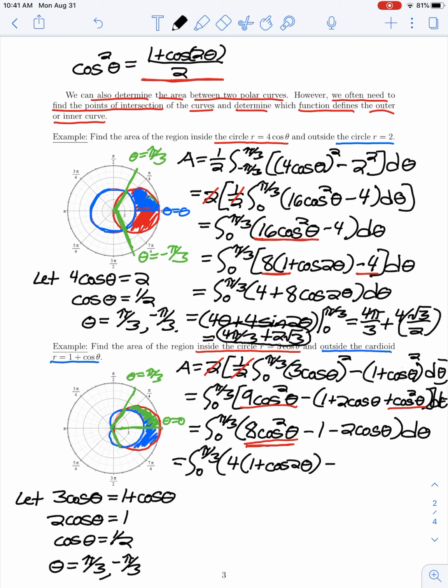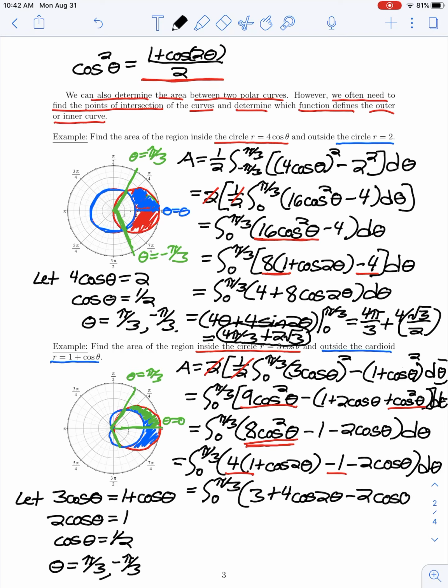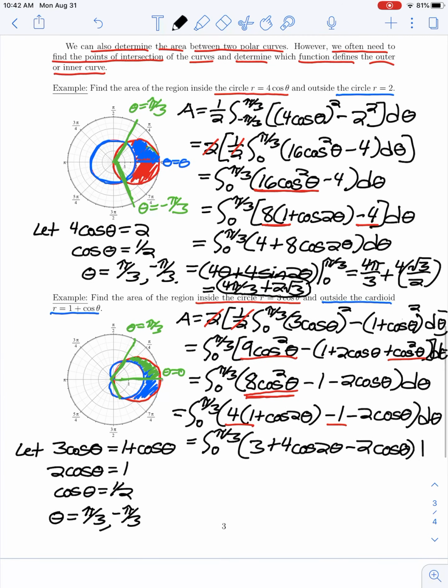And then I've got my minus 1 minus 2 cosine of theta. So simplifying just a bit more before we proceed, we have the integral from 0 to pi over 3. My constant term would be 4 minus 1, which leaves me with 3, plus I still have a 4 times the cosine of 2 theta minus 2 cosine theta d theta.